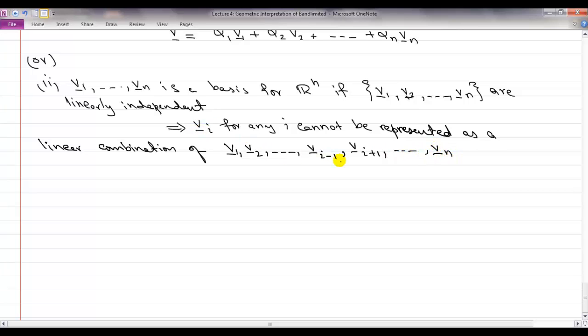Effectively, if you take all the other vectors in the set except itself, you cannot write it as a linear combination of those vectors.